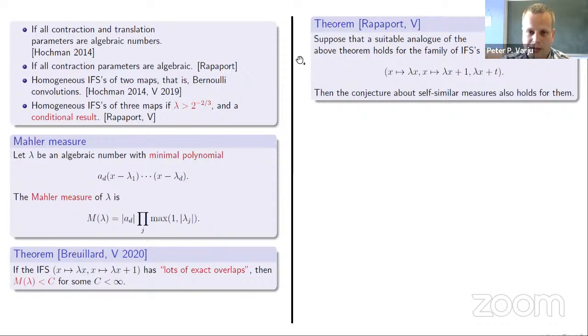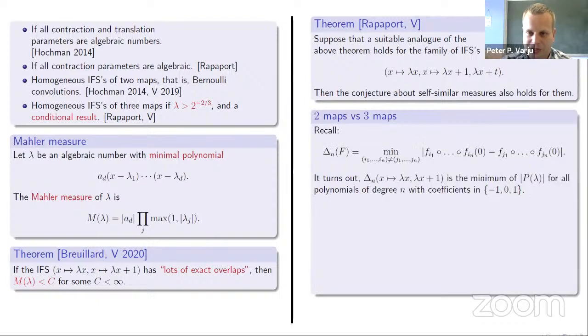Again, I don't have time to properly formulate this hypothesis, but I hope you get some idea. And if you are interested in the details, you can see them in the proceedings.